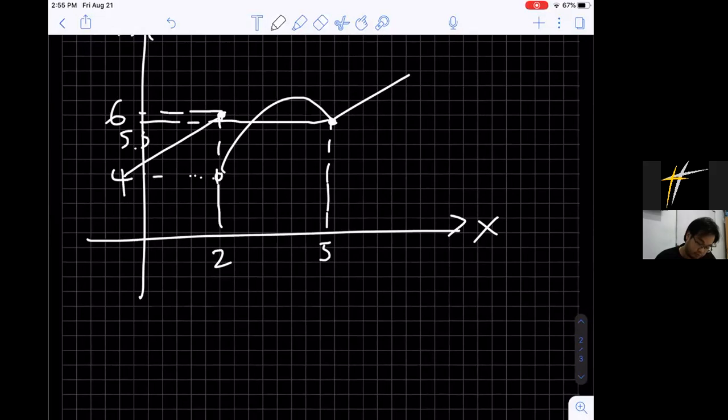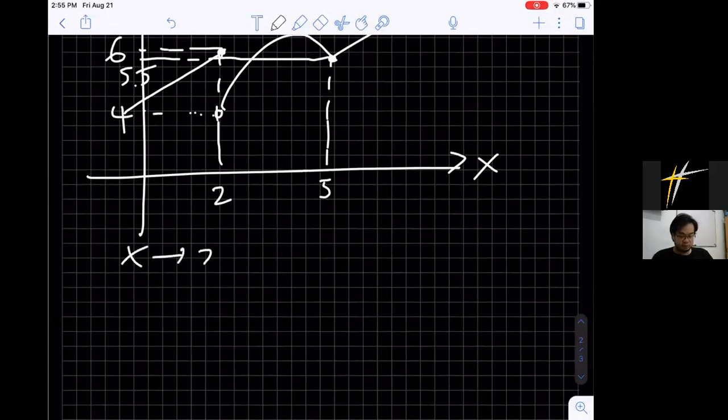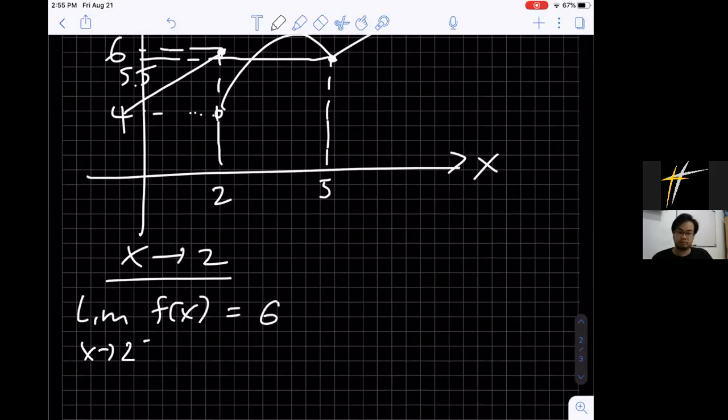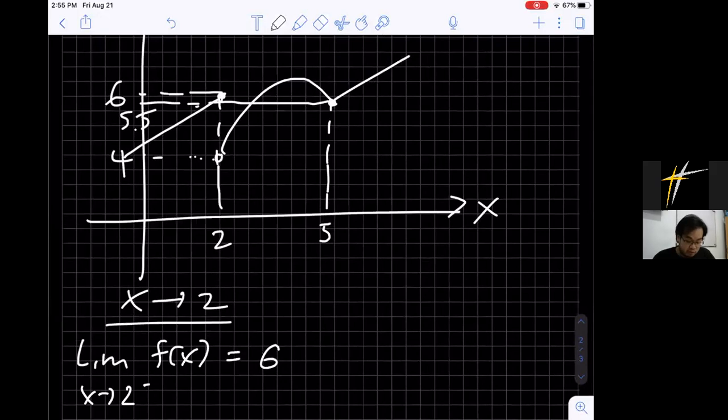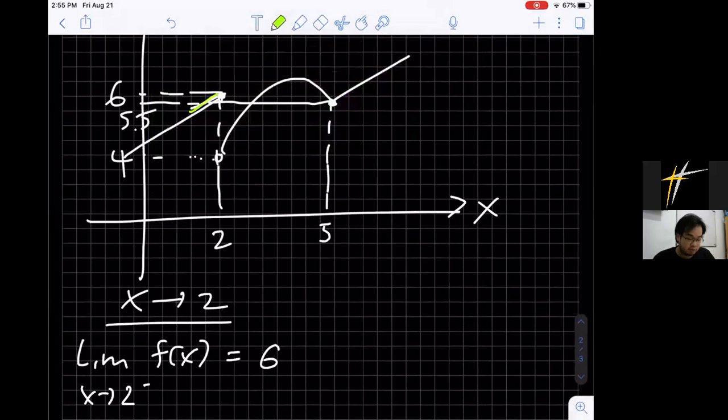And let's say that this is 5.5. Okay. So when x approaches 2, the limit of f(x) as x approaches 2 from the left is equal to 6. Do you understand why it's 6? Because it is approaching this side from the left side.